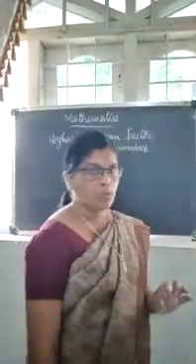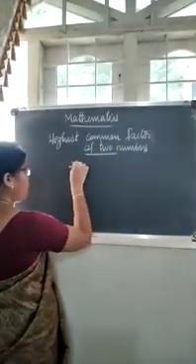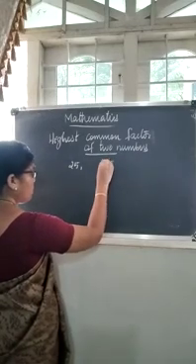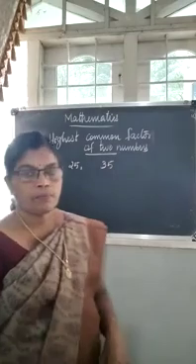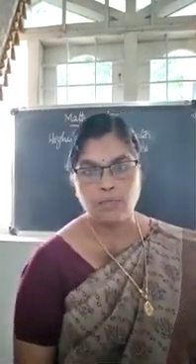Now let us take two numbers, that is 25 and 35. We know the prime factorization of 25 and 35.